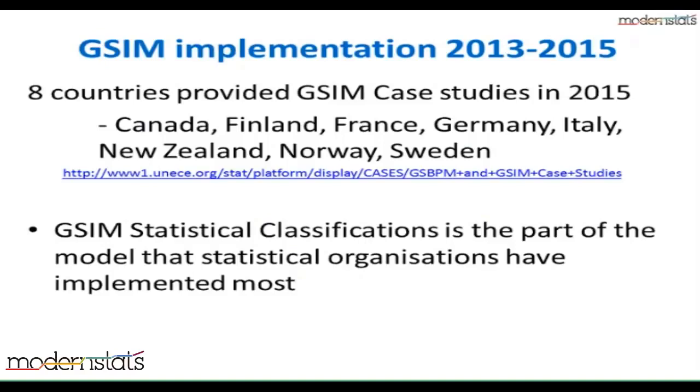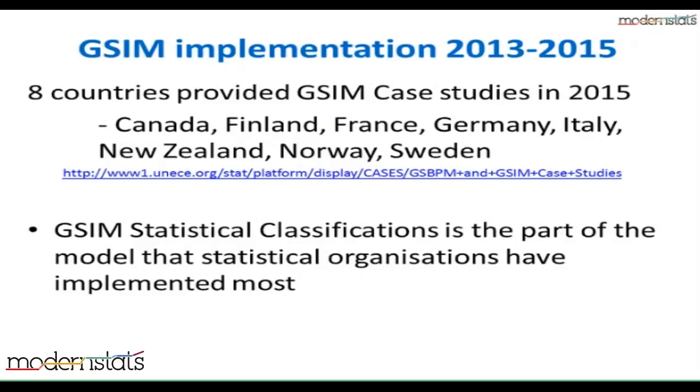But looking wider than our own organisation, looking at the implementation in 2013 to 2015, 8 different countries contributed GSIM case studies in 2015. Some of the countries, for example Australia, have been so busy implementing GSIM that they didn't manage to make a case study, but we know they are actively involved in GSIM implementation.